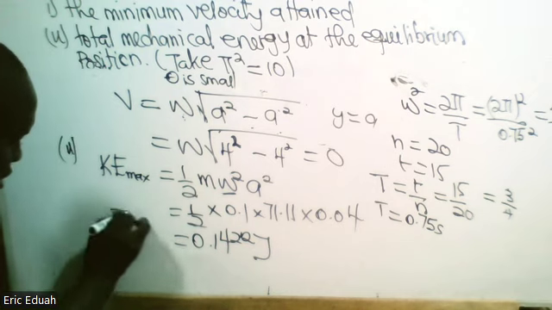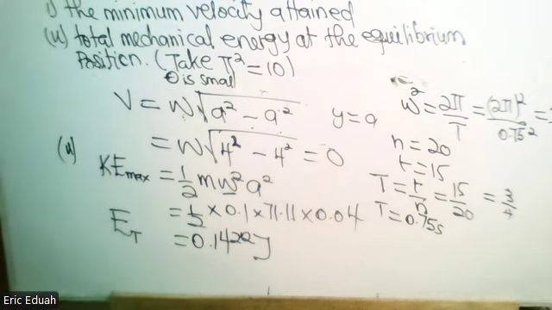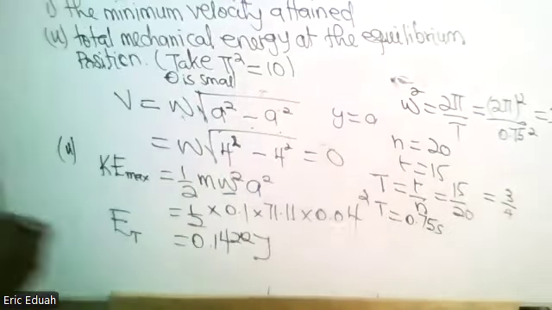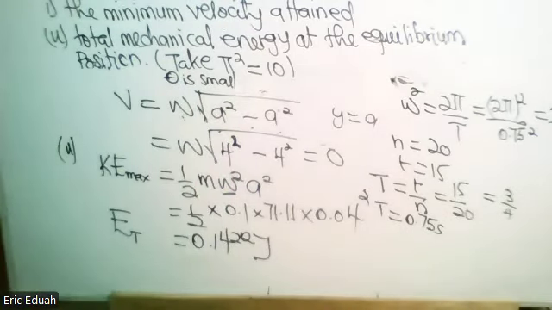Hello, please, won't we square the 0.04? Oh, it's squared, thank you. Amplitude squared. So let's go through it again. So 0.1 times 71.11 times 0.04 squared.